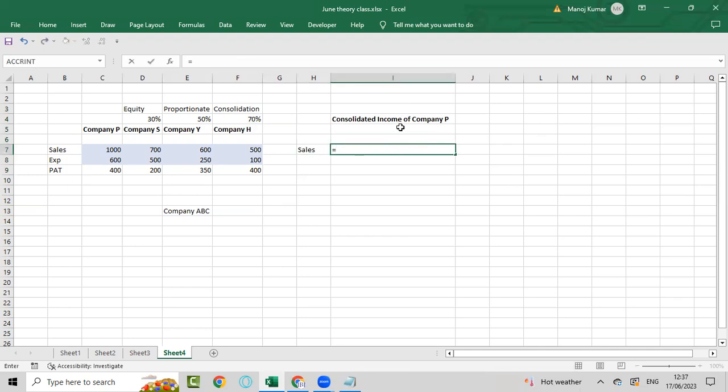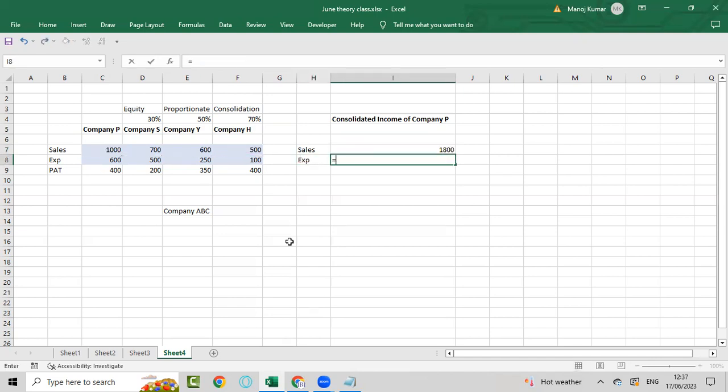When I'm preparing consolidated income statement, I'll take all sales from my own company plus this sales, how much? Only 50%. If the percentage is 40, I'll add only 40. If the percentage is 60, I will add 60. But in this case, it is 50, so I'm adding 50. Plus this sales will be total. 100% sales will be added. Clear?